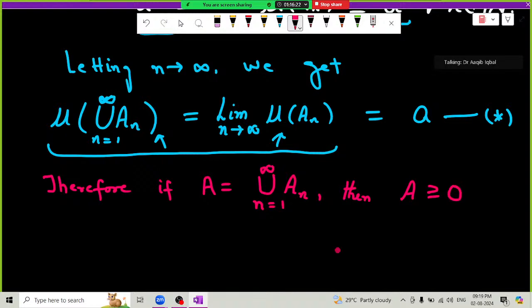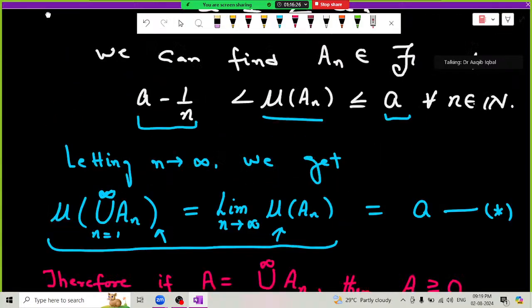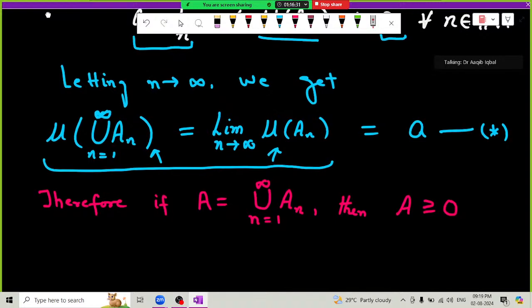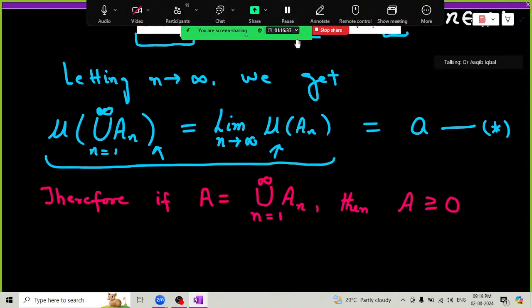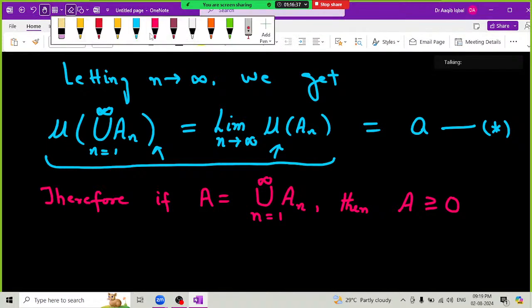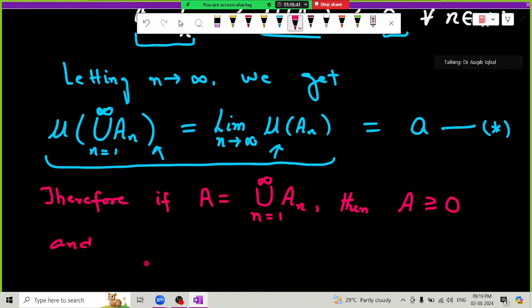Why? Because ANs, they are coming from fancy F. Fancy F means they are positive sets, and A being countable union of these positive sets is a positive set. So A is a positive set. So A is greater or equal to 0, and mu of A will be equal to little a.